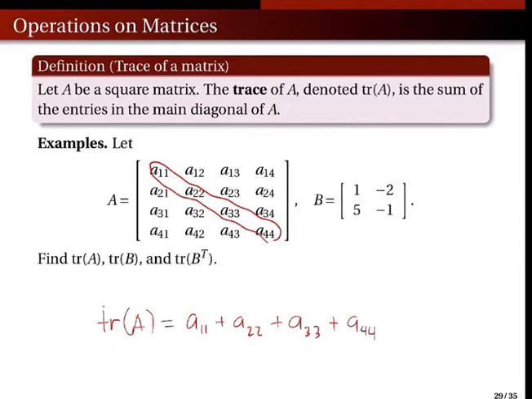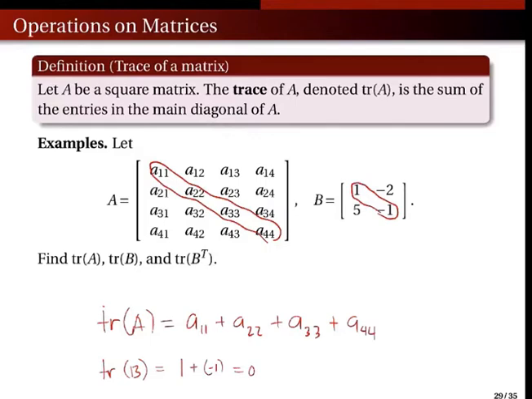Then we look at trace of B. For the trace of B, again, the main diagonal is this here. So you just add those entries. You will have 1 plus negative 1 equals 0.